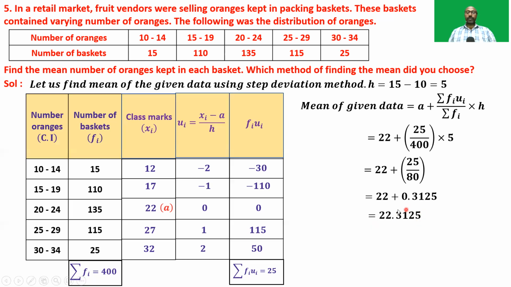That is, around 22 oranges are kept in each basket, and the average number of oranges in each basket is 22.3125.